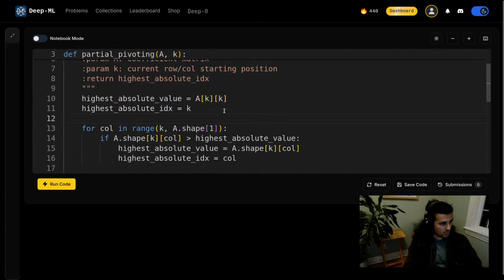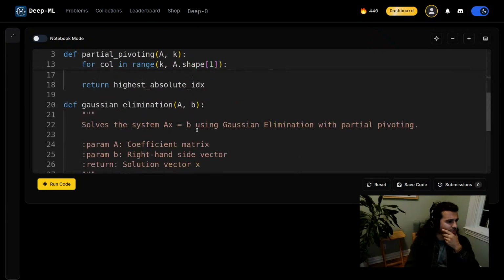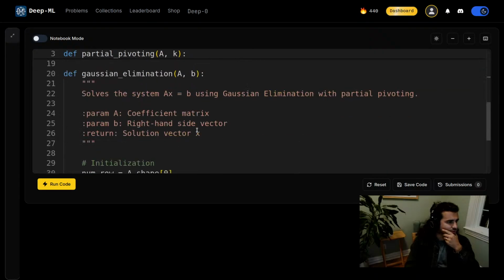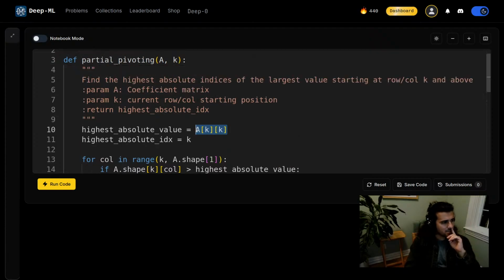So right now I'm saying the best value is at that k. I'm assuming though that this is a square matrix. No, I'm not assuming. I think that's good enough, I think, right? Yeah, but it is assuming it's a square matrix though.